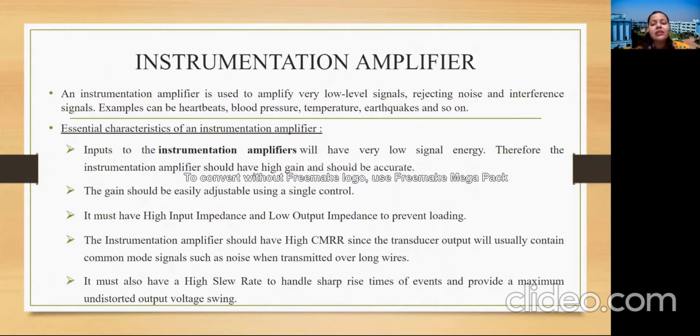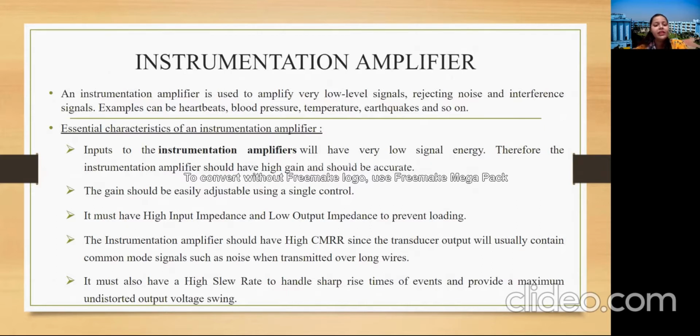Since it's an amplifier designed using an op-amp, the main properties of an op-amp are also present here, that is, high input impedance and low output impedance. The instrumentation amplifier should have high CMRR, since the transducer output will usually contain common mode signals such as noise when transmitted over long wires.